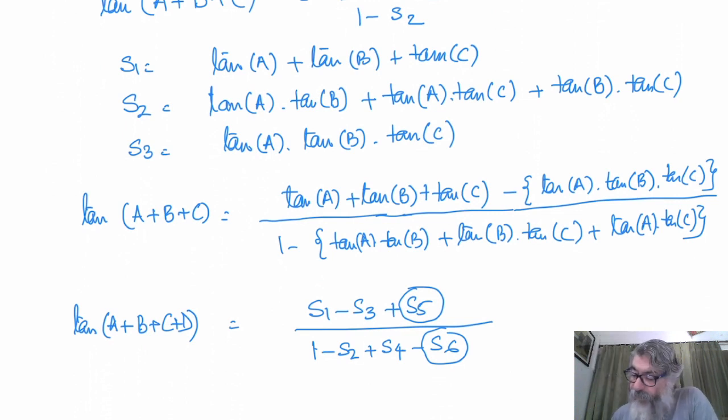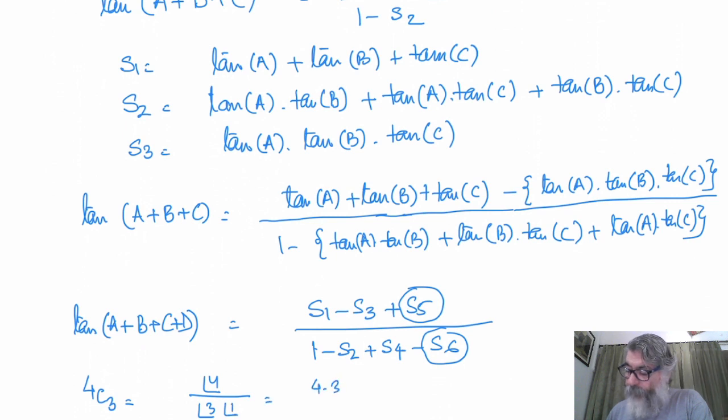Of course, S1 will be the same. S3 will be 3 taken at a time, the sum of the product of 3 tangents taken at a time. So what are the possibilities? Out of 4, you have to take 3. 4C3 is factorial 4 over factorial 3 times factorial 1, which is 4.